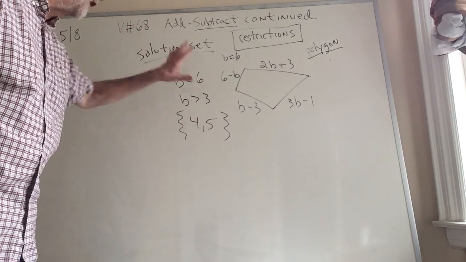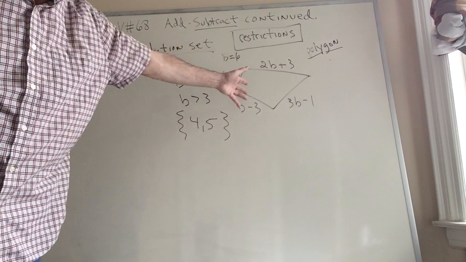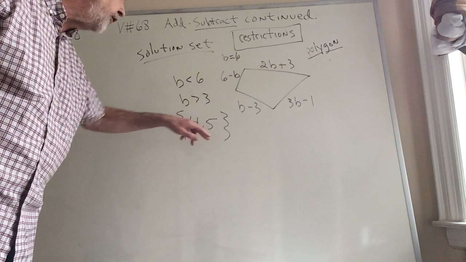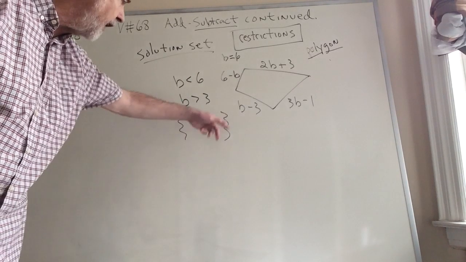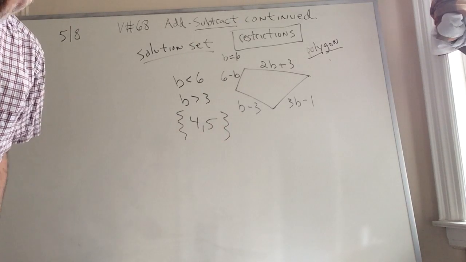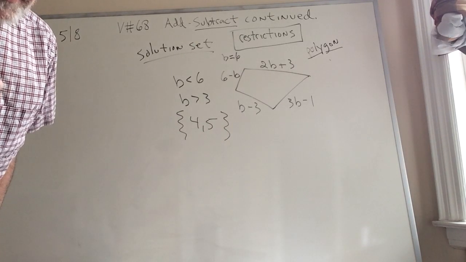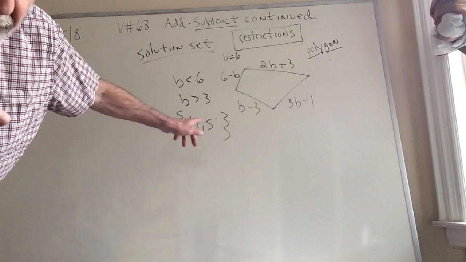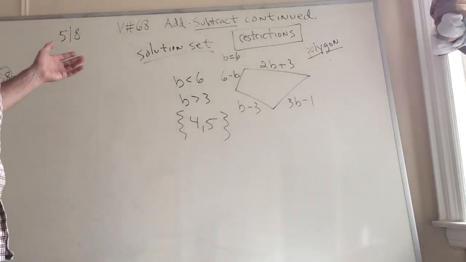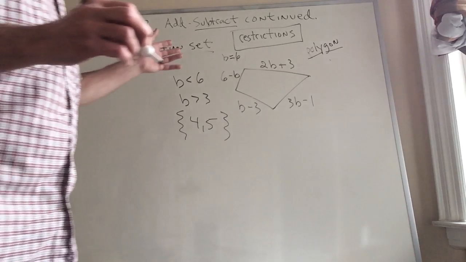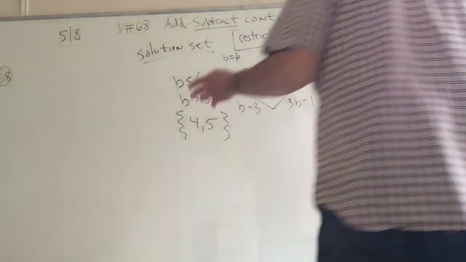Right here, we're restricting what we can do. Otherwise, it's not a polygon. Here are the two numbers in the universe when they're whole numbers that work. Notice these are not parentheses. These are brackets. If you're paying attention, keep in mind what I'm saying. I'm showing you the future. Okay? So that answers something that might come up with especially some of the brighter kids who think about what they're doing.